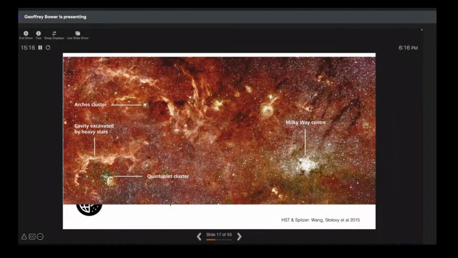So now I want to turn to the Galactic Center and talk about what's special about the Galactic Center and what we've learned there. So this is an optical infrared view of the Galactic Center, and Sagittarius A star is located here in the Milky Way center, the nuclear star cluster.